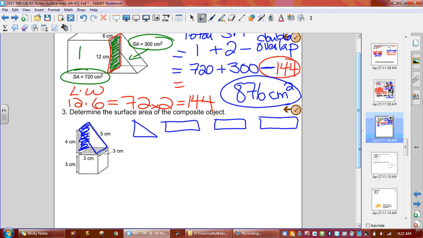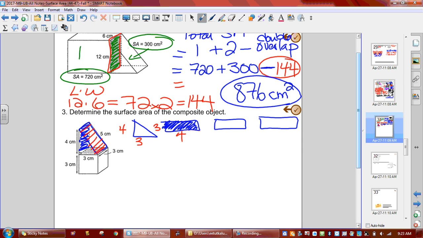If this is my blue shaded one, the numbers on the blue shaded one are 4 and 3. And then, if I look at my red striped one, the red striped one is the diagonal line, and that one's going to give us 5 and 3.